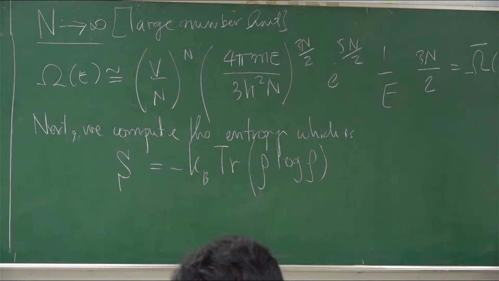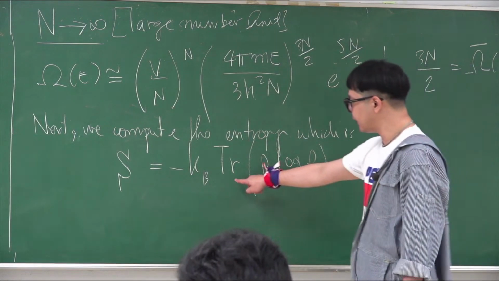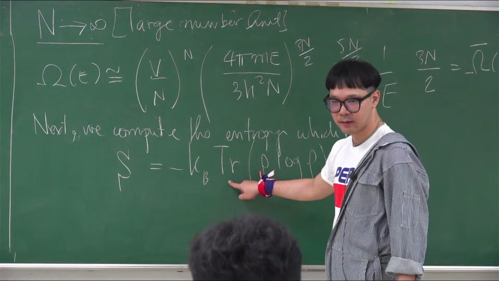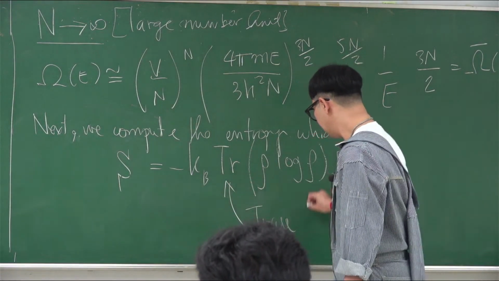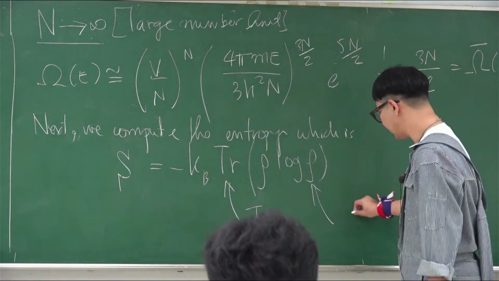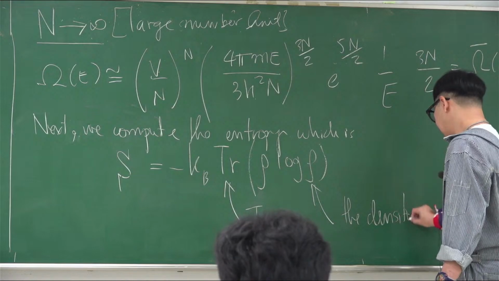Okay, taking this form. I believe that you understand this notation, right? The trace, right? And this rho is density.